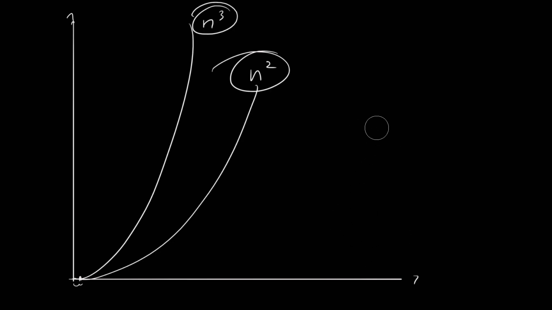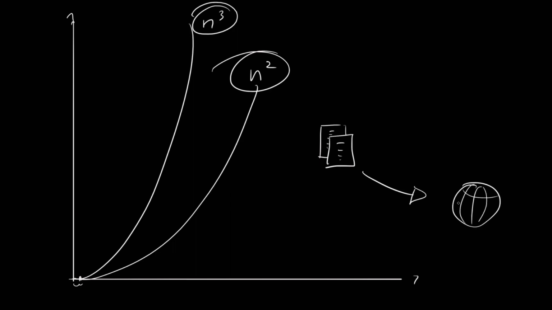But if what your algorithm is actually doing is storing a value on a server, so you take your file and send it over the internet, and you have some ping, like 50 milliseconds of delay, then doing this 10 times or 100 times makes a huge difference.